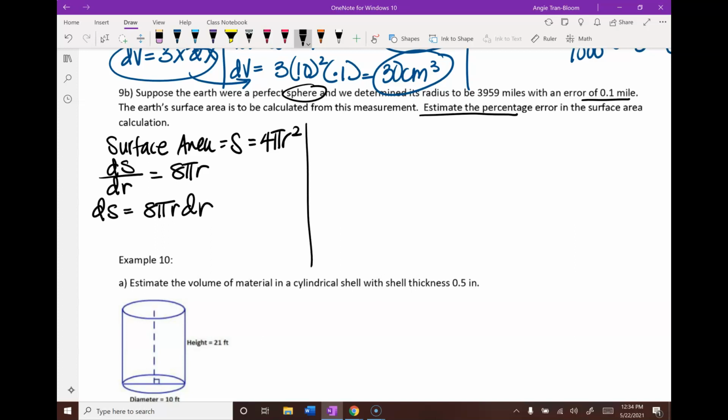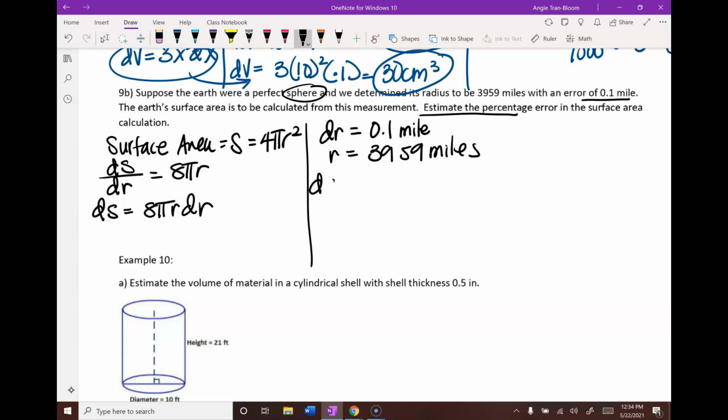Well, let's go back and check really quickly. You guys, it says we have an error of 0.1 of a mile. So dr is the change in the radius, and the radius is going to be 3959 miles.